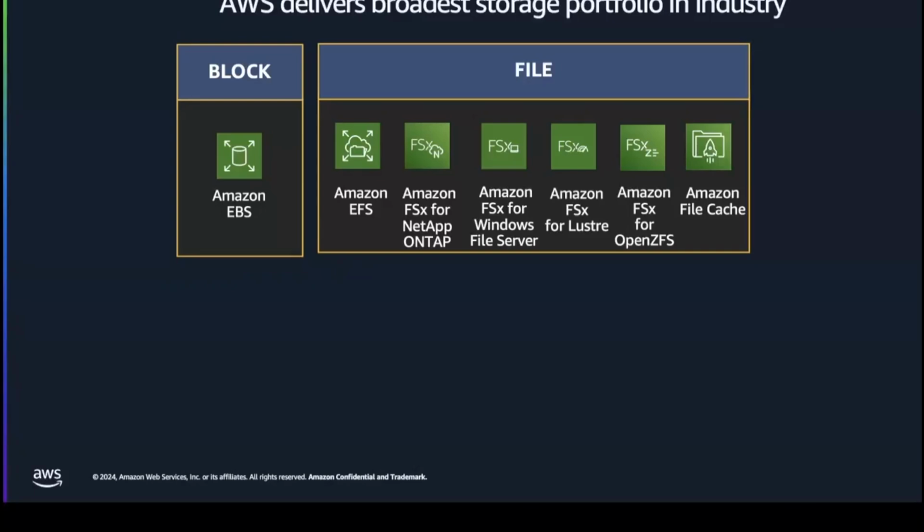And I'm going to give particular focus to one in particular. Now, EFS has been in our portfolio for quite a while. It was our first file service that we launched that was fully managed, allowed customers to take advantage of an NFS file share for Linux applications and apps running in the cloud, and was really meant for those use cases, right?